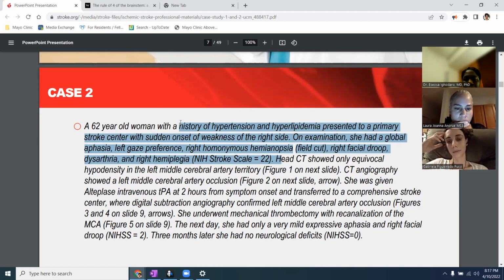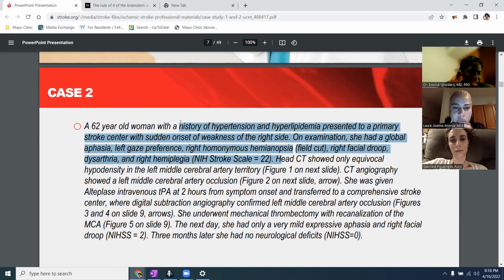So then if she prefers the left, which eye field is it, the right eye field? How do I know which eye field is problematic? Well, she does have the right homonymous hemianopsia, so that would still make it left, correct? Oh, yes.